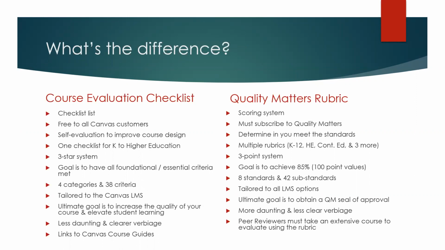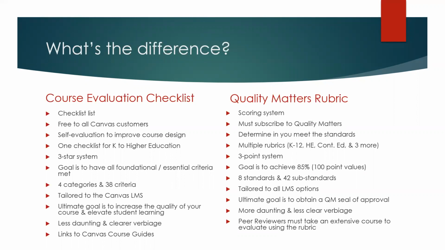There's a version for hybrid courses and so on. And again, you have to be subscribed to a particular section of Quality Matters. So we can only access the higher ed rubric.